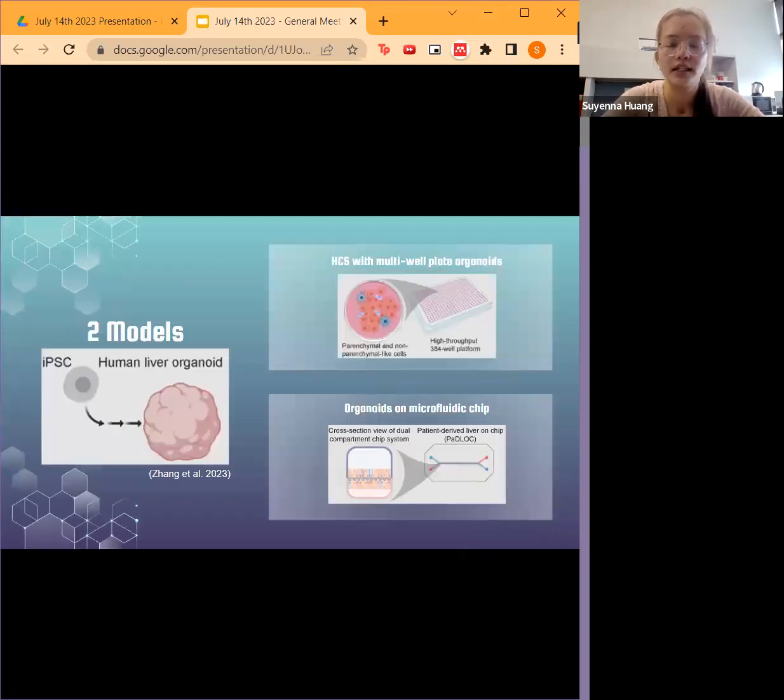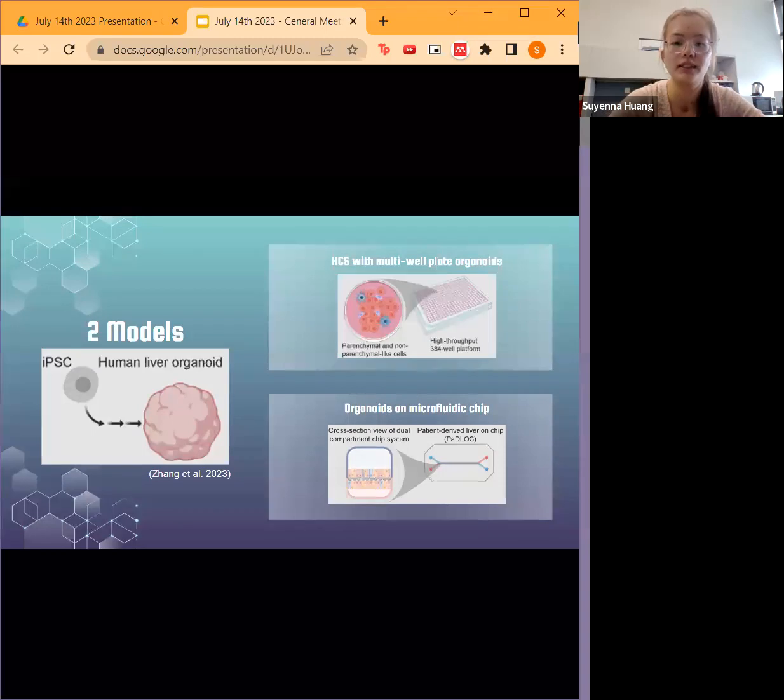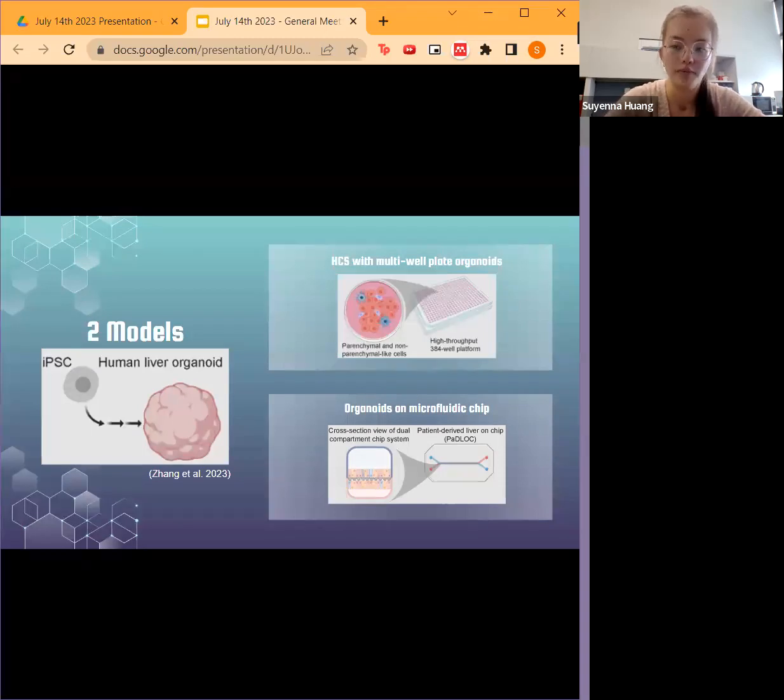So what the authors did is they grew liver organoids from induced pluripotent stem cells. And then from those organoids, they used two different models to see whether they were accurate reflections of the liver organ. For the first model, they dispensed the organoids into a multi-well plate for high throughput screening of the different compounds. In the second model, they put the organoids on a microfluidic chip, which is also called an organ-on-chip.